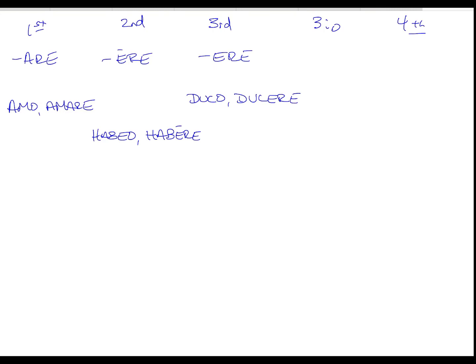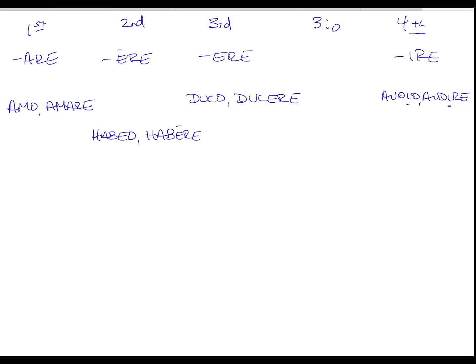Fourth, IRE, and it's a verb like audio, audire. Notice there's something peculiar here in the fourth. It has that IO here, but it's the IRE that marks it as a fourth conjugation verb.